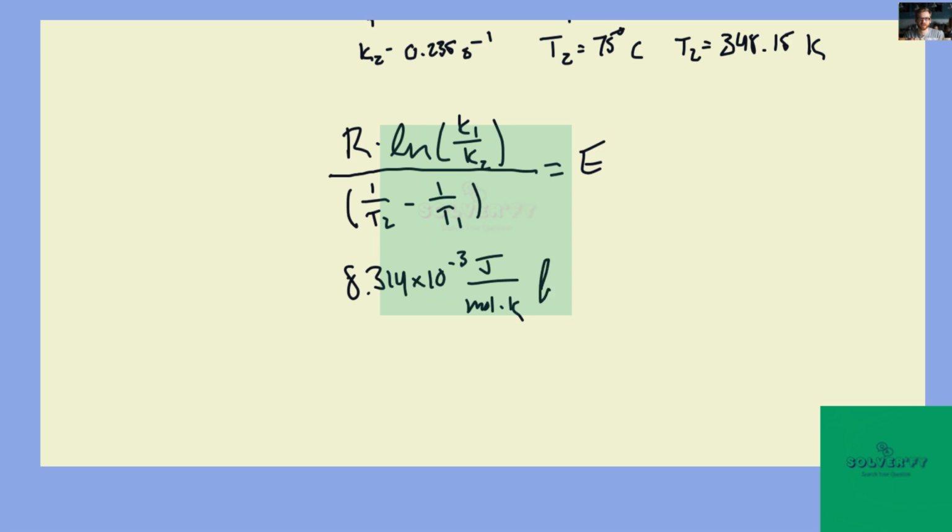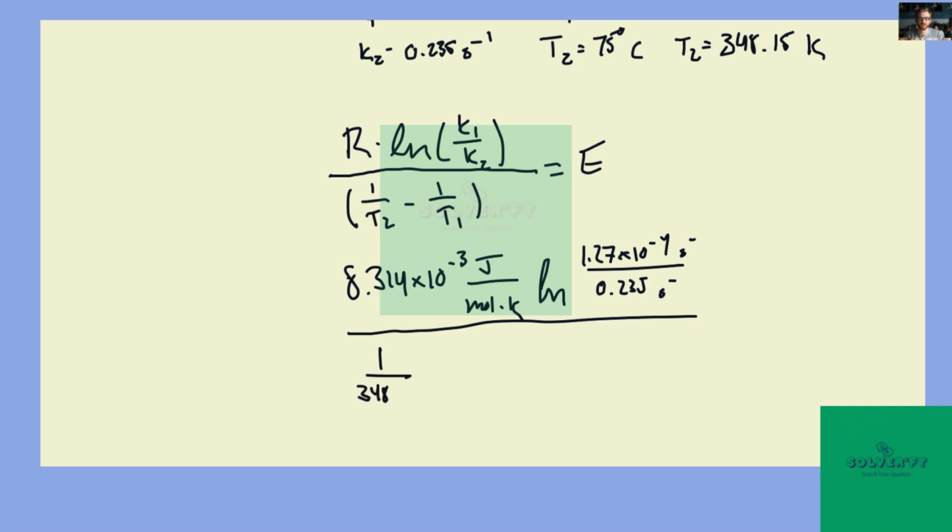Then the natural log of, and we have a fraction, k1 over k2, so 1.27 times 10 to the negative 4 divided by 0.235. These are in seconds inverse, so the units will cancel. And then this whole thing will be divided by 1 over T2, which is 348.15, minus 1 over T1, which was 298.15.